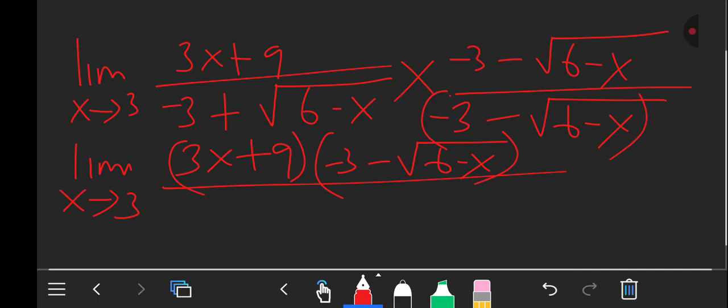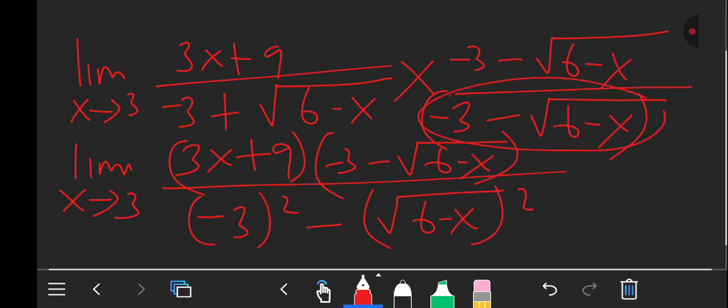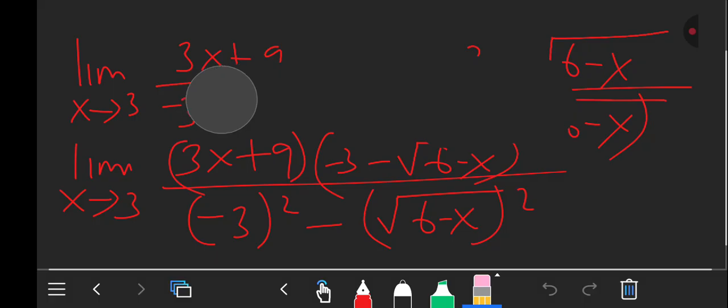So you just take the one which has a minus there. It will be negative 3 squared minus open brackets square root of 6 minus x also squared. So you change it into a difference of two squares. Okay, so basically that's what you need to do there. Let me just get rid of the top part.